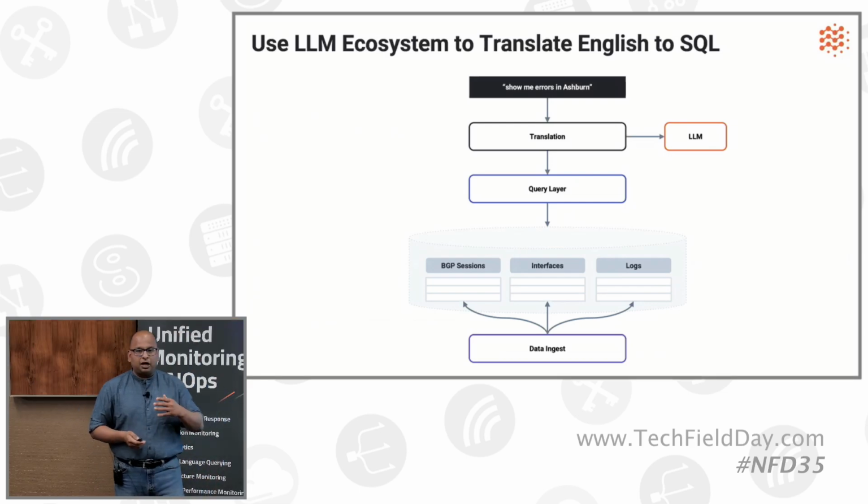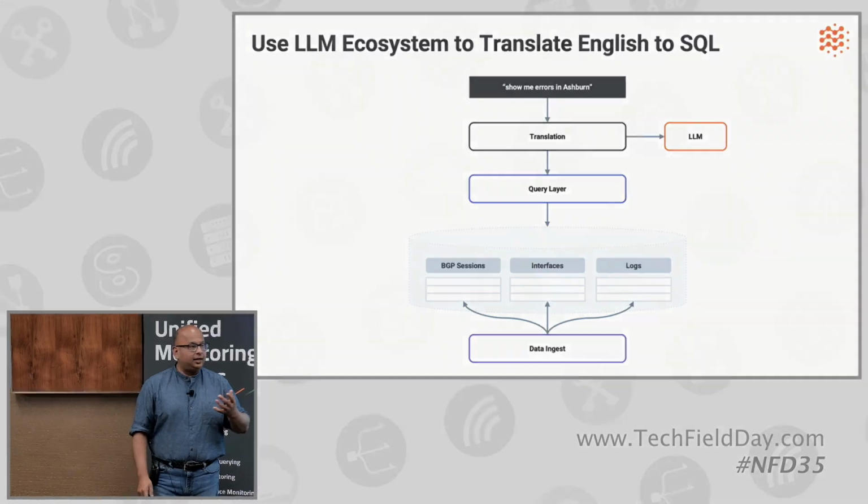And why am I comfortable saying yes to that? We've used a Kubernetes microservices architecture to be able to talk to different components. So even our services inside talk to other services using API calls. So the translation service doesn't have to go to our LLM.